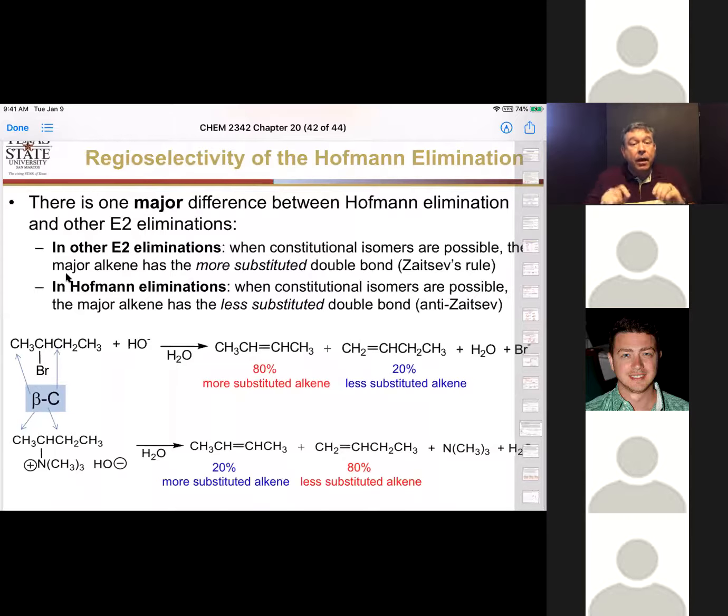However, in the Hofmann elimination, because we're generating this big bulky amine leaving group, we're forcing it to be opposite of the normal Zaitsev's rule, or what we call anti-Zaitsev. So you end up with the primary product being the least substituted alkene. Just elimination of an alkyl halide using base, we always get the more substituted alkene. In the case of the Hofmann elimination, we actually get the less substituted alkene.